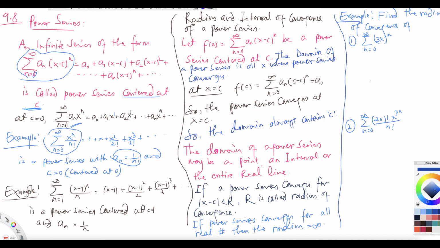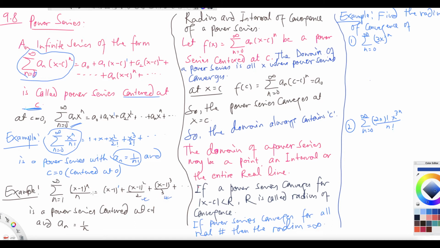You see that? Similarly, let us look at another example. n equals 1 through infinity, (x minus 1) to the n over n. If you expand this, when n equals 1, you get (x minus 1) to the 1 divided by 1, plus (x minus 1) to the 2 divided by 2. When n equals 2, this is what you get. When n equals 3, this is what you get, and so on.